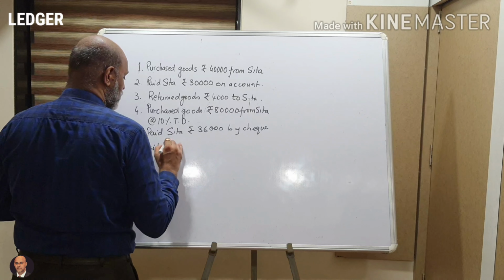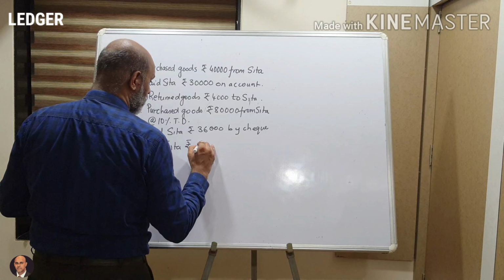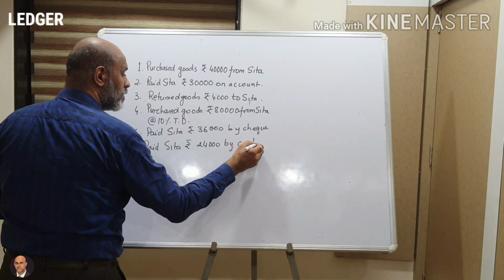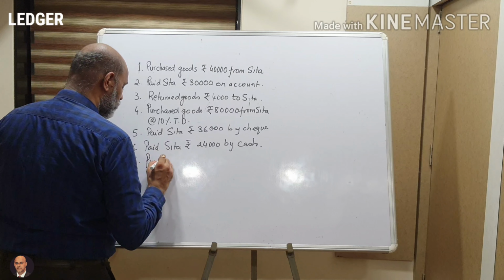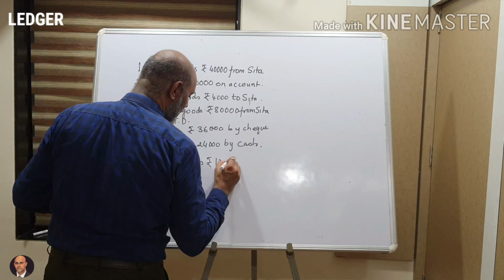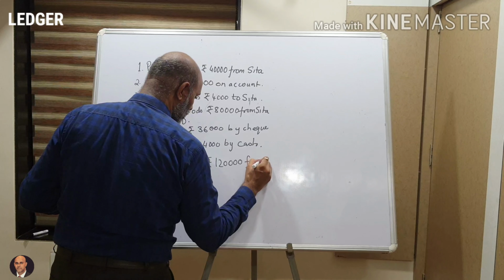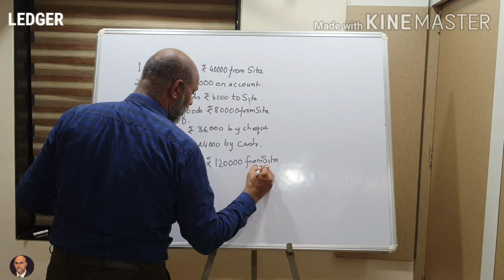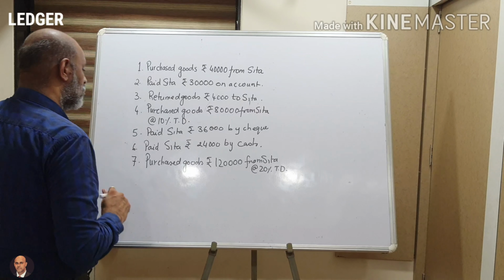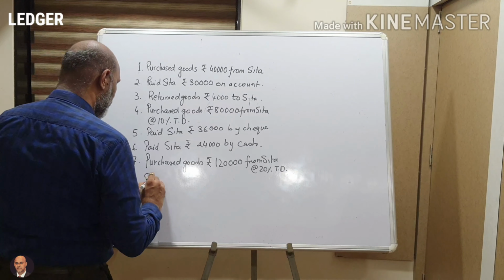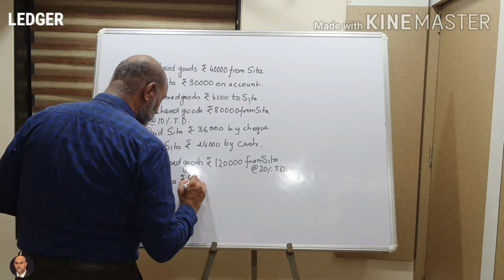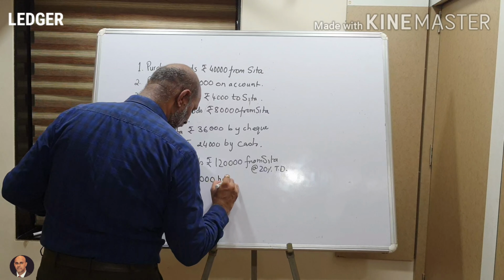Paid Sita rupees 24,000 by cash. Seventh, purchase goods rupees 1,20,000 from Sita at 20% trade discount. Paid Sita rupees 50,000 by check.